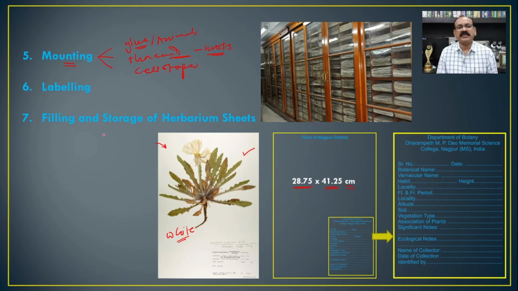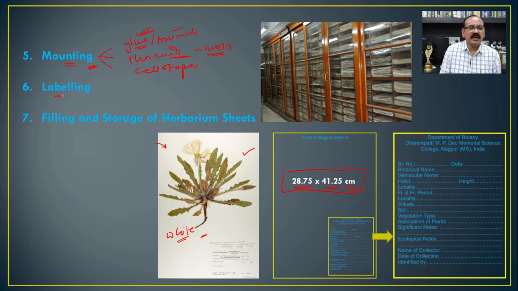On the back side of the specimens we have to apply the glue, and then it should be pasted in the center of the herbarium sheet. In this way, the collected, dried and preserved plant material will be mounted on the herbarium sheet of the specified size.